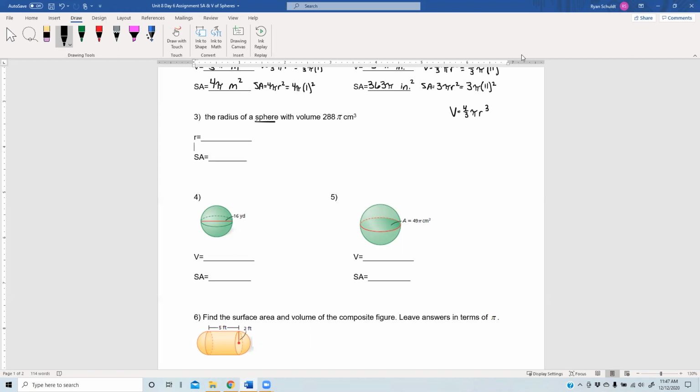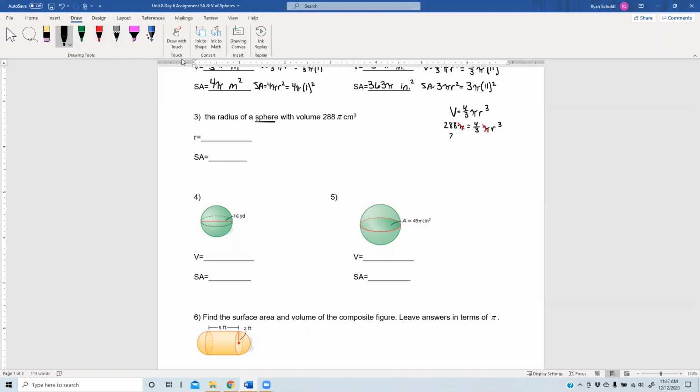They tell us the volume. They say it's 288 pi. So plug that in. And then at this point, we can cancel the pi's out. So we're essentially dividing by pi.